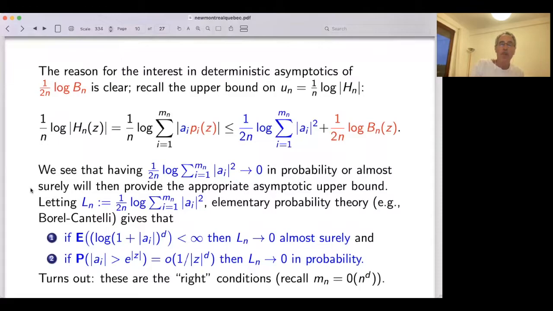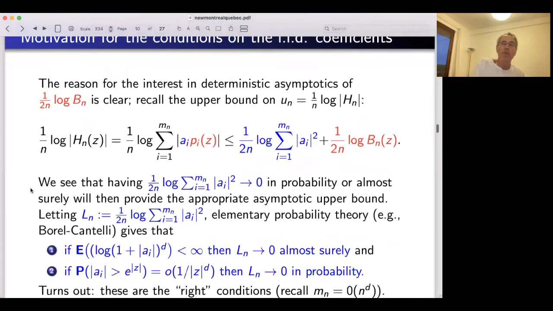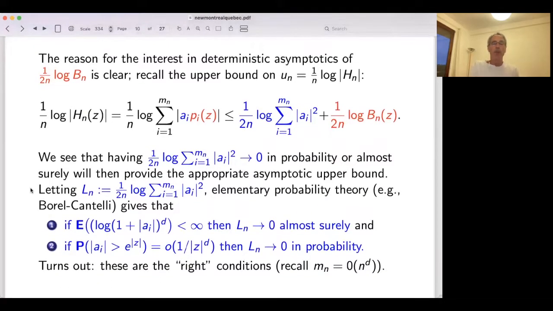And here's some motivation for the following conditions on these independent identically distributed random coefficients. Turns out that this random piece, if you have a condition which I'll refer to as finite logarithmic moment, the dth logarithmic moment, if you like, if this expectation is finite, then the blue part, the probabilistic part, converges to 0 almost surely.